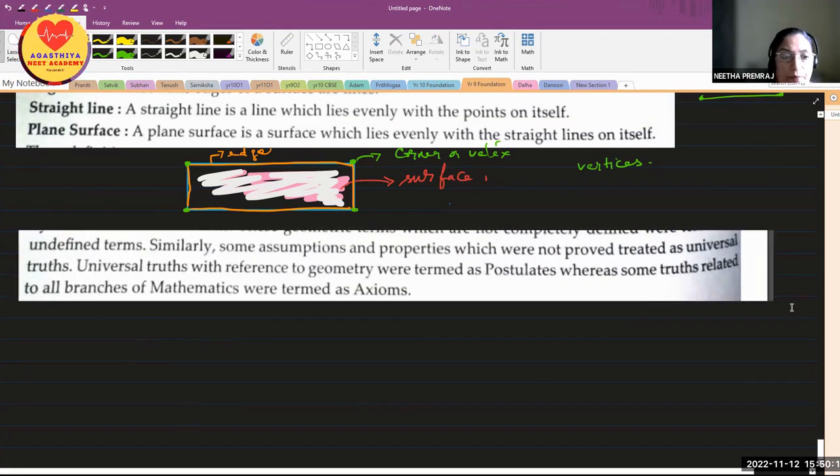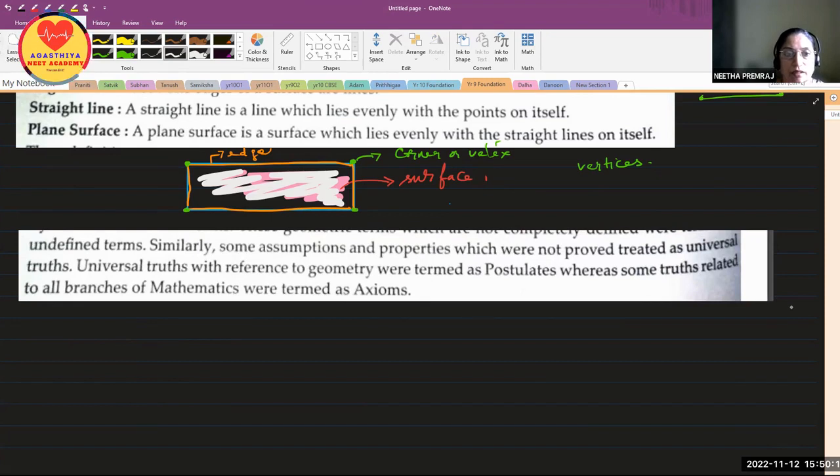Now, if you see this, some assumptions and properties which were not proved were treated as universal truths. Universal truths with reference to geometry were termed as postulates.